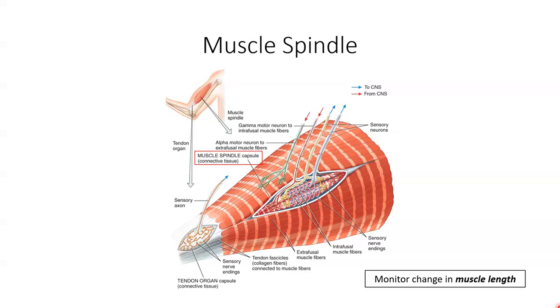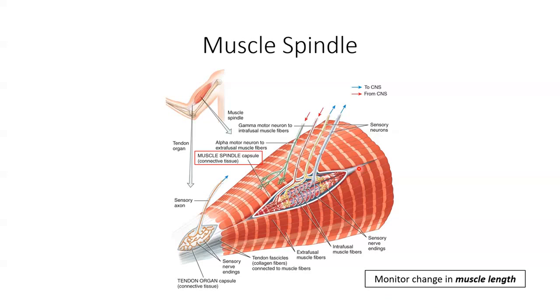Each muscle spindle consists of several sensory nerve endings that wrap around 3 to 10 specialized muscle fibers called intrafusal muscle fibers. So these in here are our intrafusal muscle fibers.